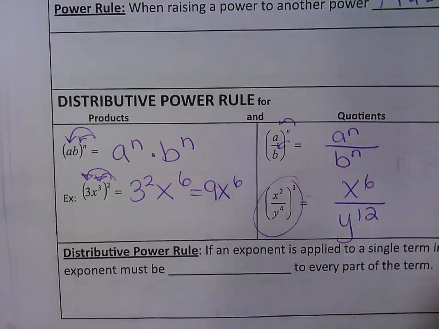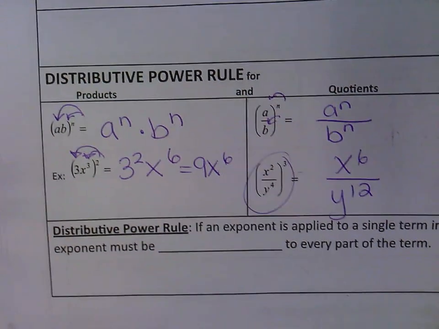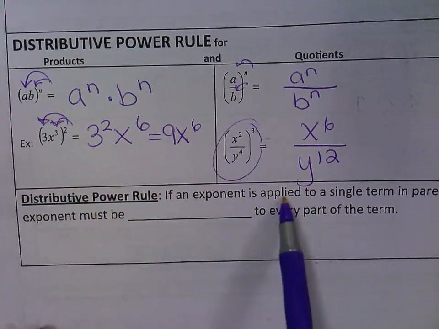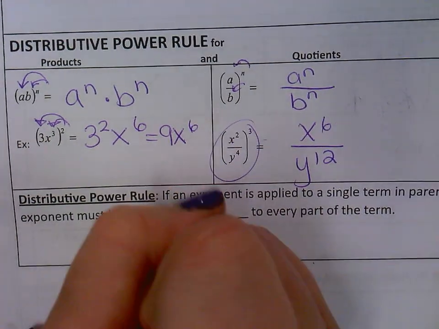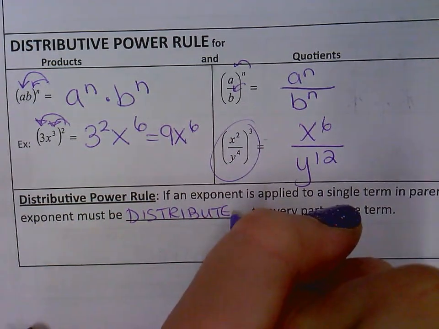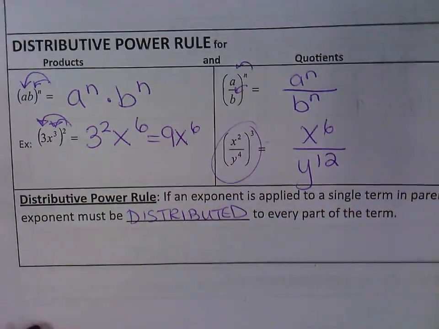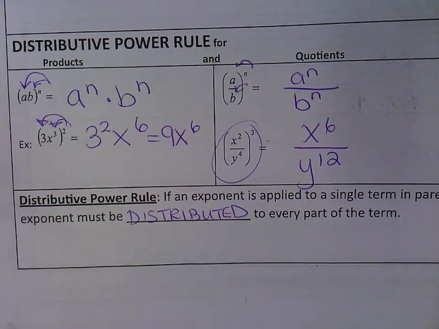So you multiply the exponents because you're distributing them. So distributive power rule, if an exponent is applied to a single term in parentheses, the exponent must be distributed to every part of the term. That's just the normal distributive property.